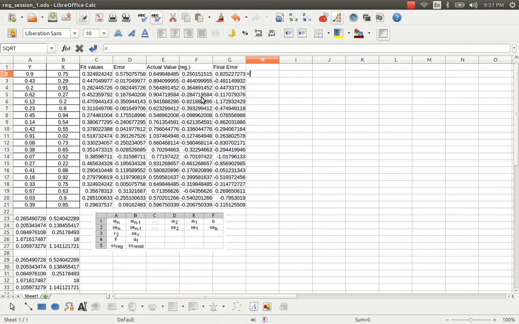It is equal to the error plus the fit value. I'm sorry, I made a mistake. I think here it should be the error. We thought about the fit value plus error is going to be the actual value. So 0.9 should be the actual value. Oh, in this case the error is exactly as expected. Let's see.